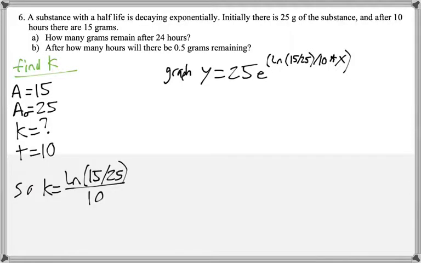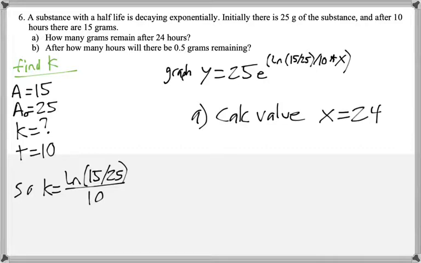Part A says how many grams remain after 24 hours. So the 24 hours, that's a t value, or that's an x value. So I want to use the calc value command and type in x is equal to 24.